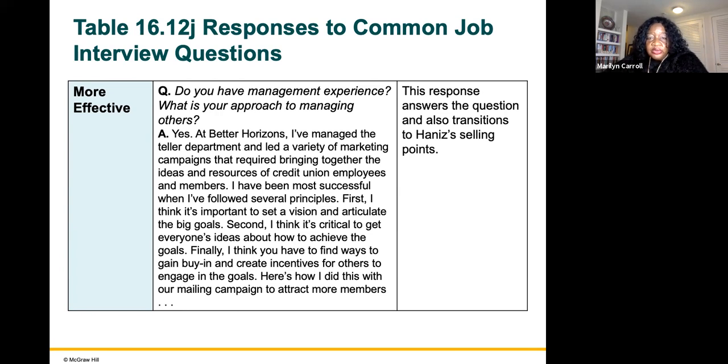Second, I think it's critical to get everyone's ideas about how to achieve the goals. Finally, I think you have to find ways to gain buy-in and create incentives for others to engage in the goals. Here's how I did this with our mailing campaign to attract more members to the credit union. Now, this response answers the question and also transitions to her selling points.